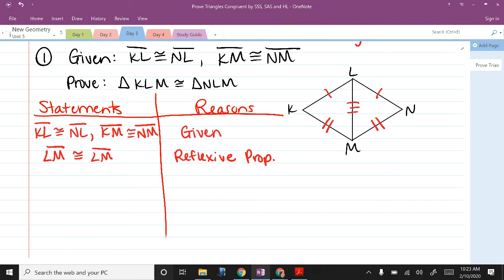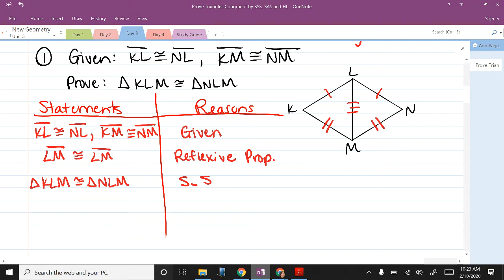Make sure your proof matches exactly the last statement. So copy the proof: triangle KLM is congruent to triangle NLM by side. All you have to do is write SSS.